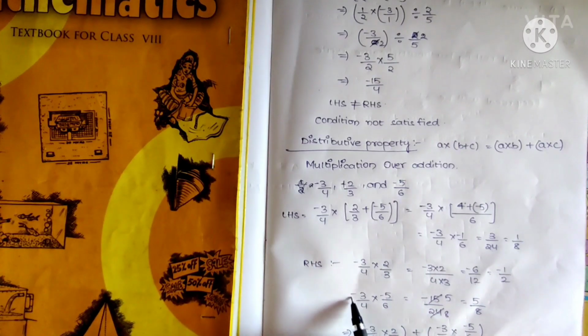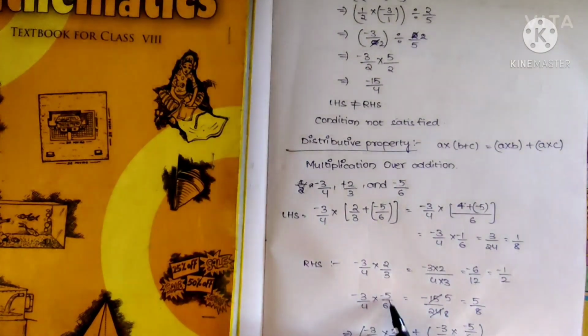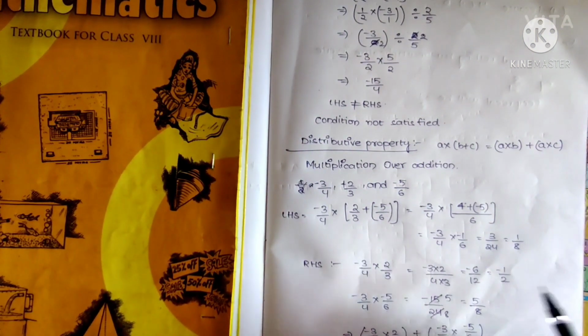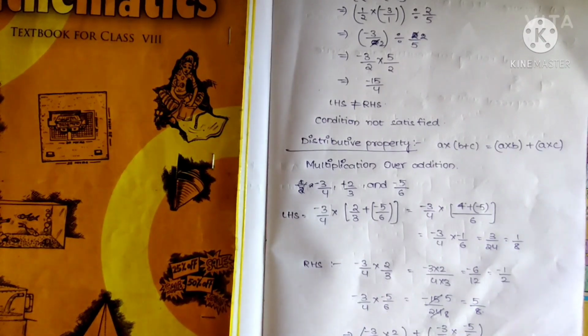And now minus 3 by 4 into minus 5 by 6 equals minus 15 by 24, that is equals 5 by 8. We have to add these two. By adding those two, we will get the result 1 by 8, that is LHS is equal to RHS, that is the distributive property condition is satisfied for rational numbers.